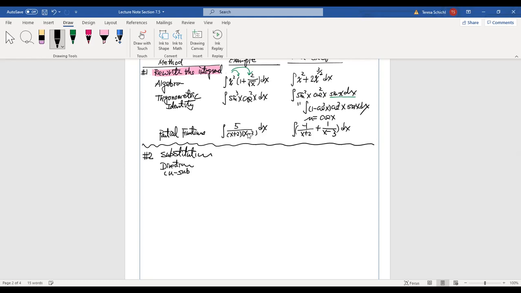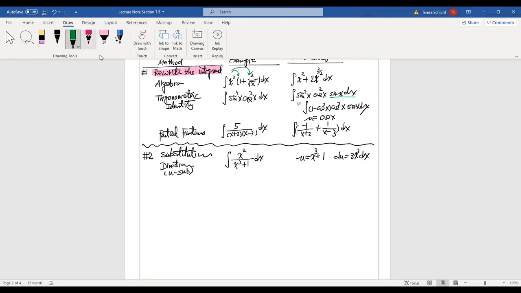So for example, if I have something like x squared over x cubed plus 1 dx, the key thing here is kind of like a spy. You recognize, if you let a certain part become u, then the remaining part has to be the du, right? So here you say that u is equal to x cubed plus 1, then you have du is 3x squared dx.